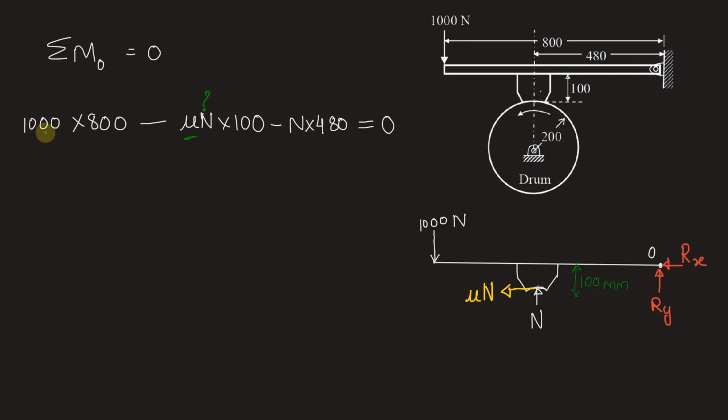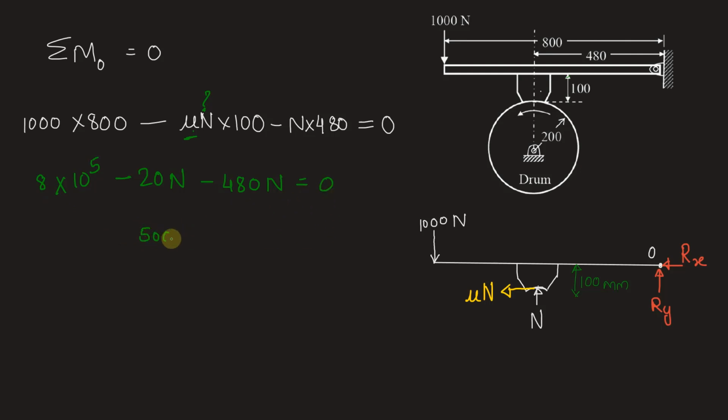So we have 1000 into 800 is 8 into 10 to the power 5, minus mu is 0.2, so 0.2 into 100 becomes 20N, minus 480N is equal to 0. This gives us minus 500N. Minus 500N taken to right hand side becomes 500N.